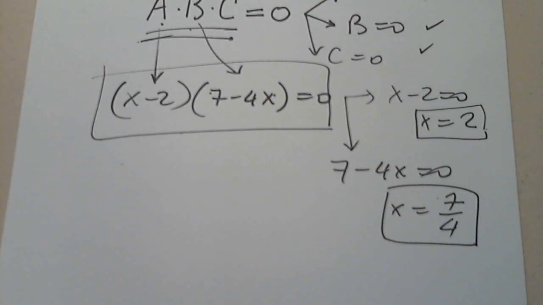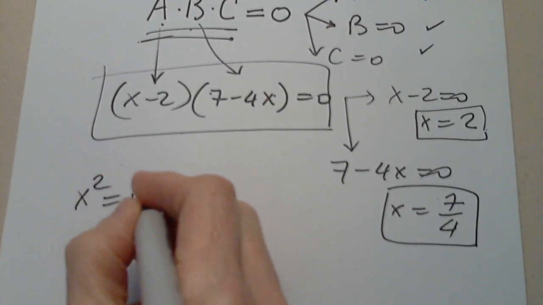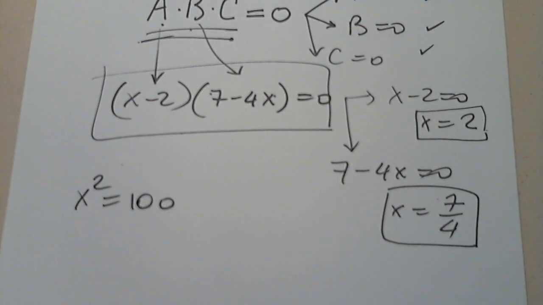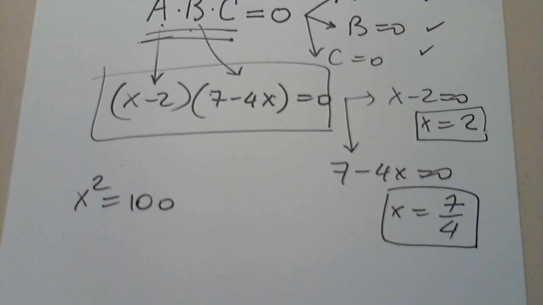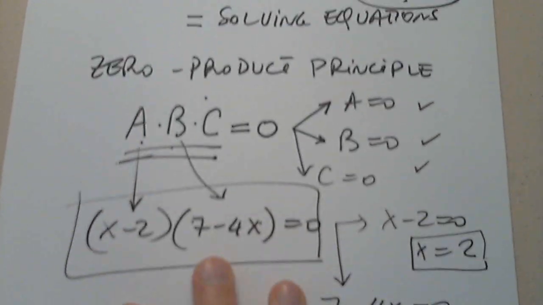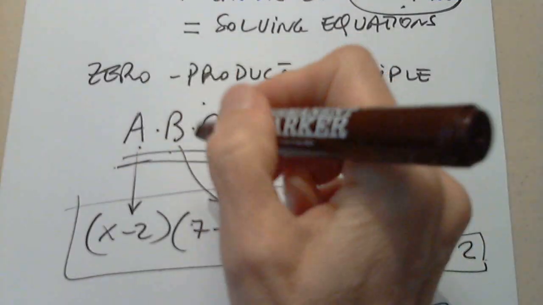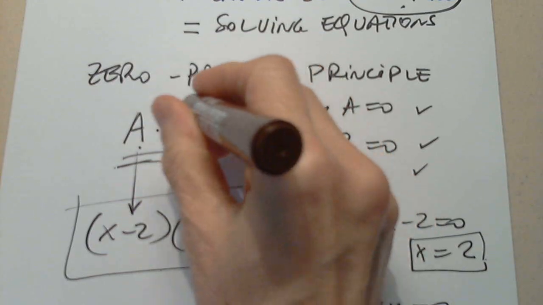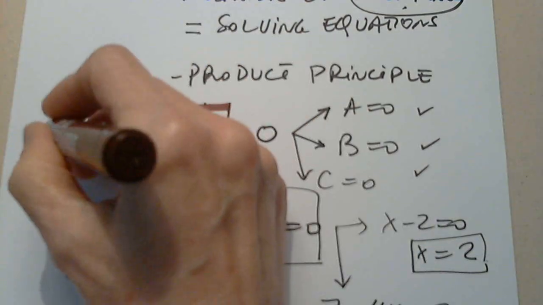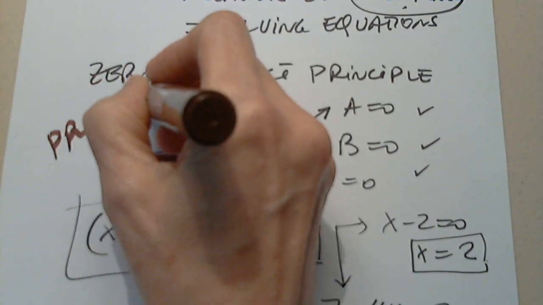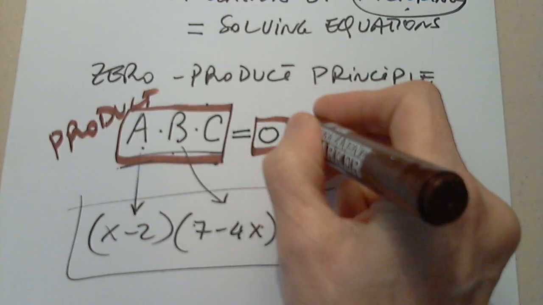Okay, moving on. The next one, x squared equals 100. Notice something very important here. The zero product principle requires on one side to have a product, and on the other side mandatory 0.